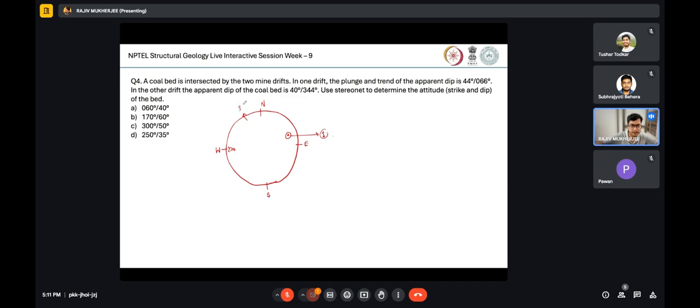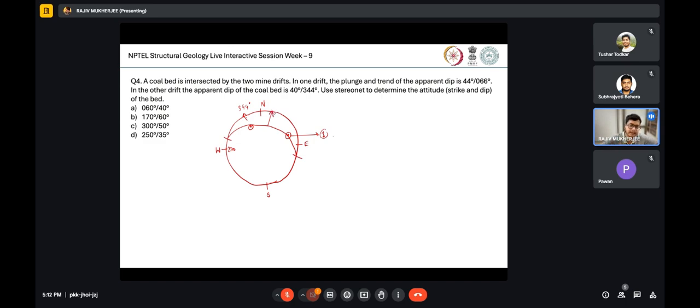This is 344. This is much more appropriate. Okay, so from here we have 40 degrees, right? So we can pass a great circle like this. So these are the two ends of the strike, and this is the dip.